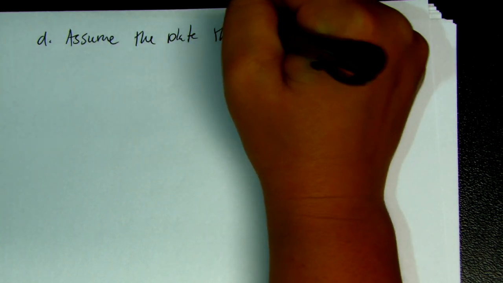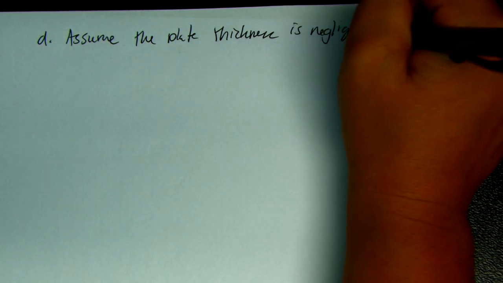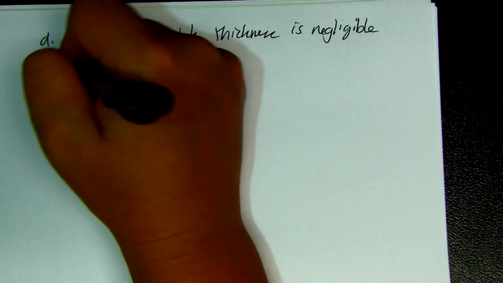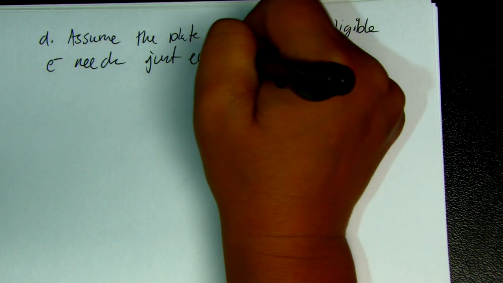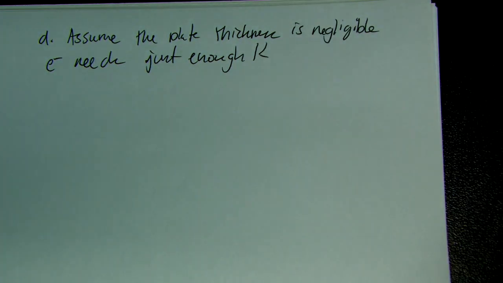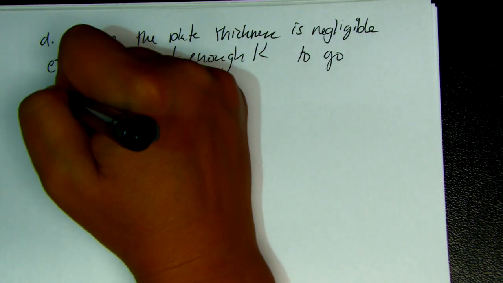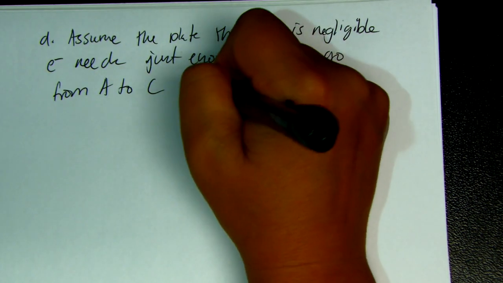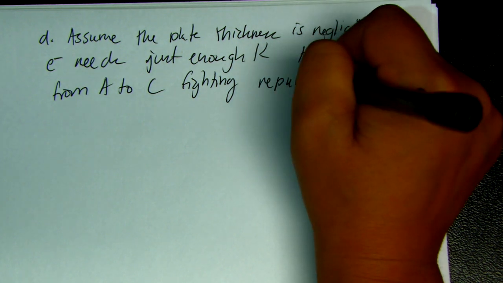So now that we have the thought process down, we're going to assume the plate thickness is negligible, and the electron needs just enough, obviously more will be successful, K to go from A to C fighting the repulsive force.